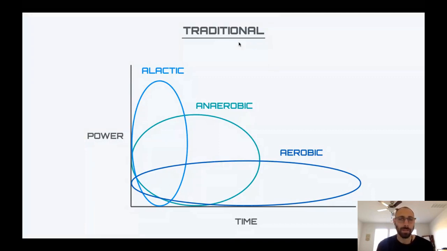And then when we look at the aerobic side, we have to kind of pick on it in the sense that the aerobic side shows that you can only use the aerobic with low end power.